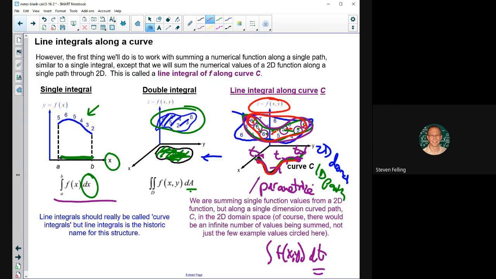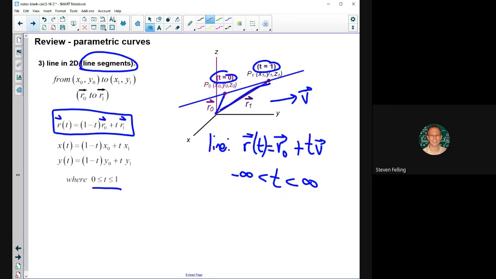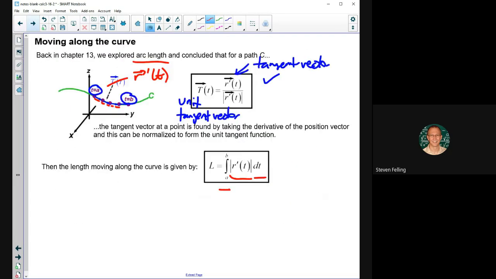So all we're going to do is take that arc length integral, and insert in here a multivariable function that is the thing we're summing. And in fact, we'll have to express that function as a function of the parameter. So we're going to have to take whatever the equation is for x's and y's and convert the x's and y's into their functions of t, so that everything in the integral will vary with t, and then we can integrate that structure.